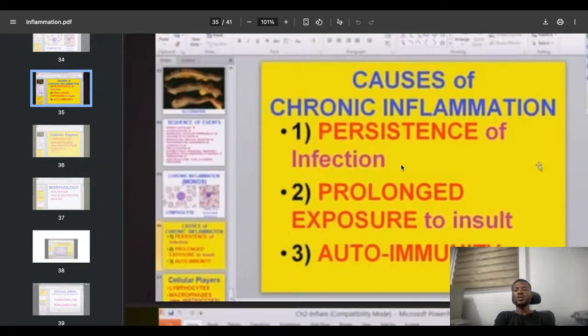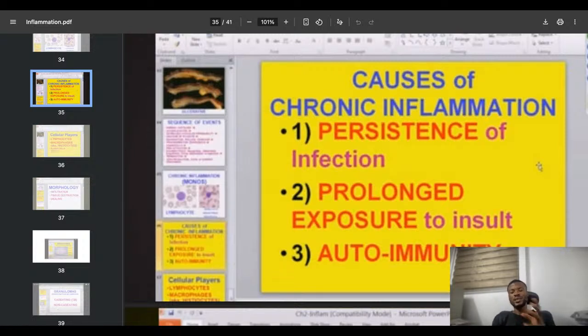Now, what are the causes of chronic inflammation? When the cause of infection is persistent, when the inflammatory response is ongoing, the exposure to the injurious substance is persistent, it is prolonged, it is continuous.